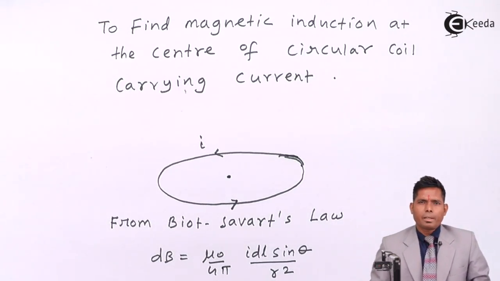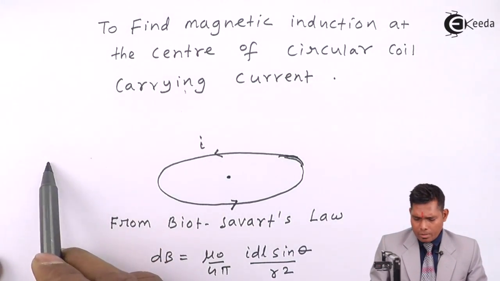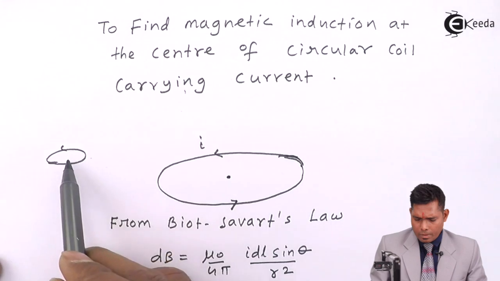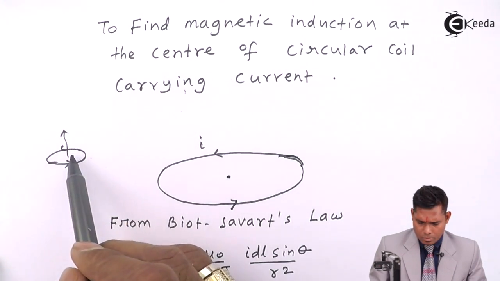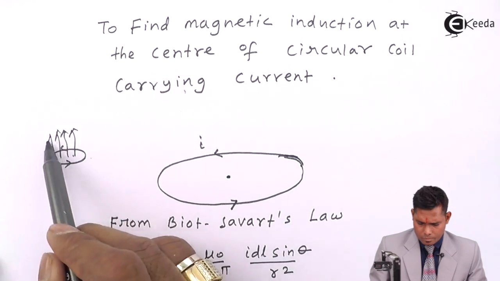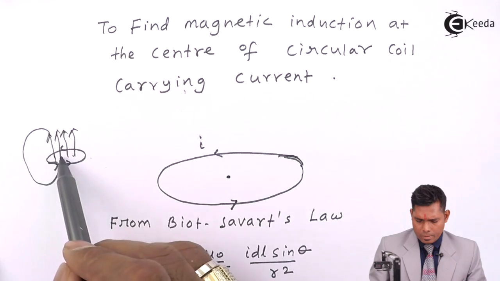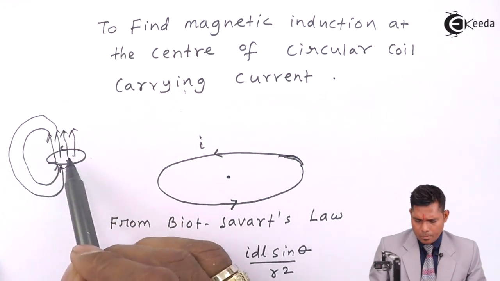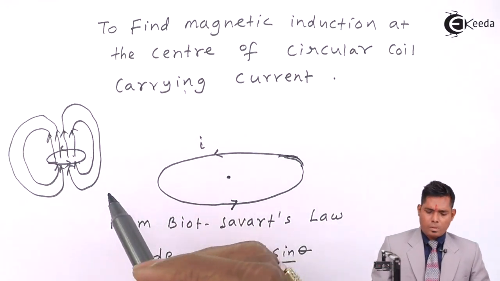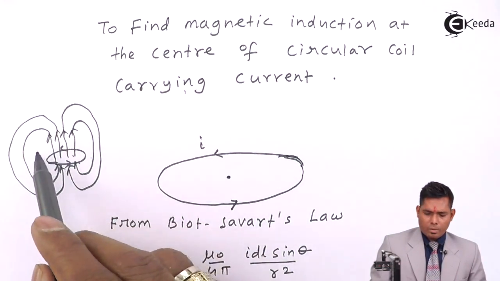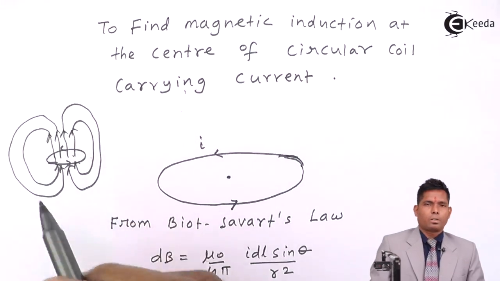That also you can imagine: the current is like this, it will be like this, and it will go like this and complete like this. It's a complete loop. So we are concentrating our attention on this part only.